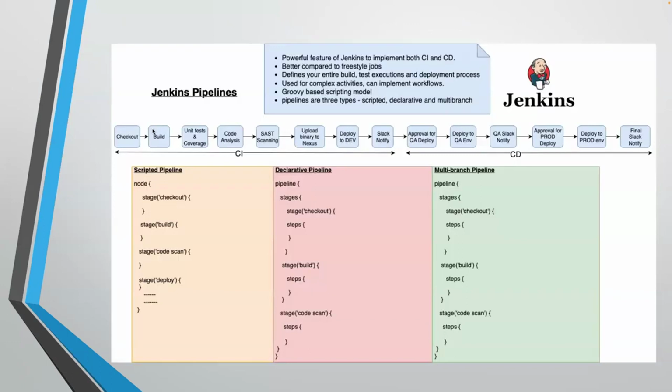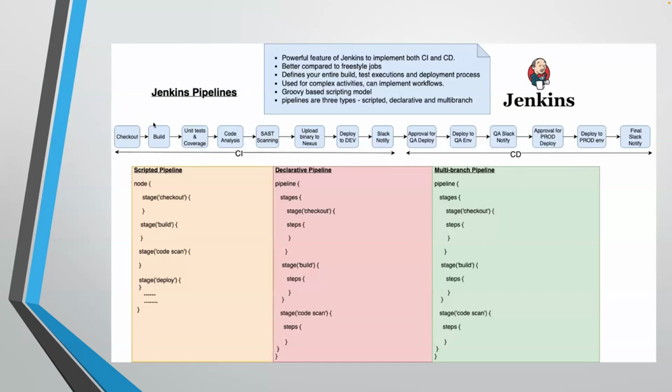So if you look at this diagram, this clearly articulates Jenkins pipelines. If you see here, this is your CI part, and this is your CD part. So using Jenkins pipeline, you would be able to implement both CI and CD.